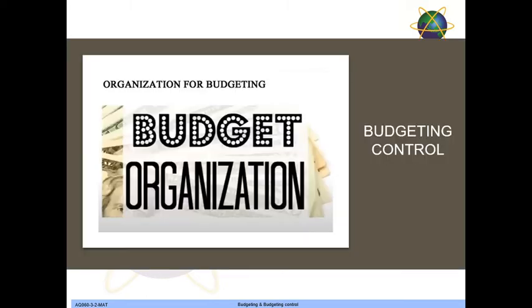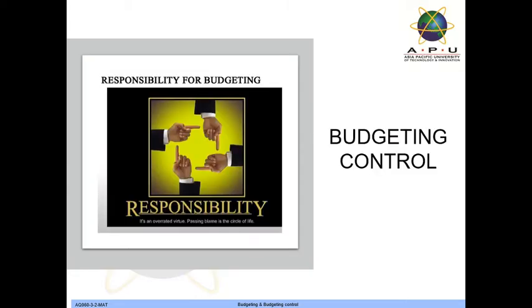So we continue with organization for budgeting. Setting up a definite plan for the organization is the first step toward installing budgetary control in an organization. Now we go to responsibility for budgeting: who is responsible to prepare and implement the budget.